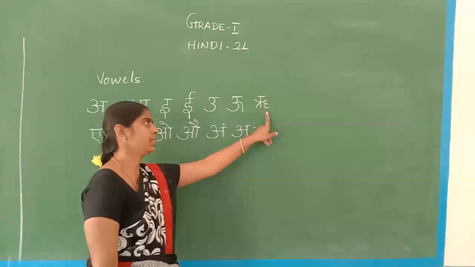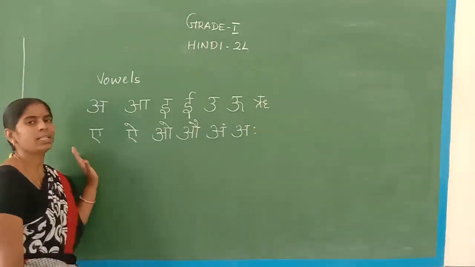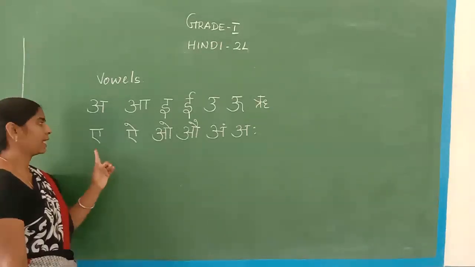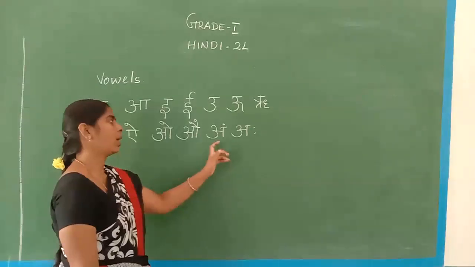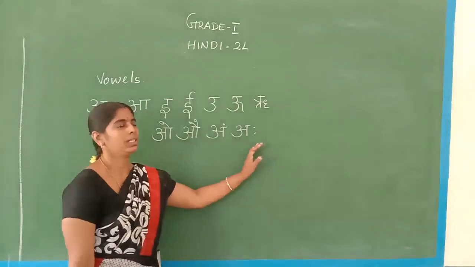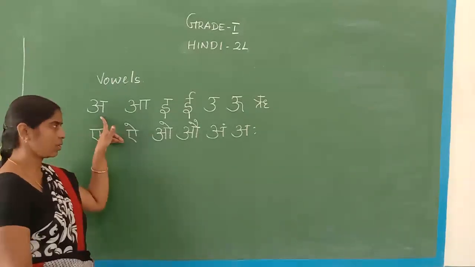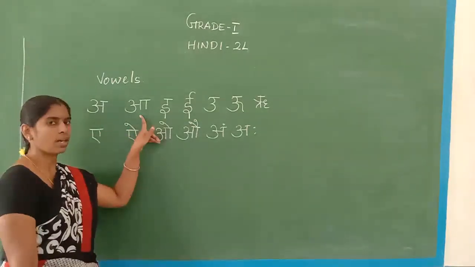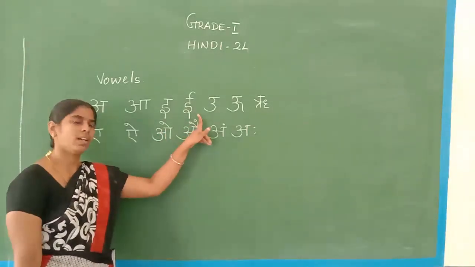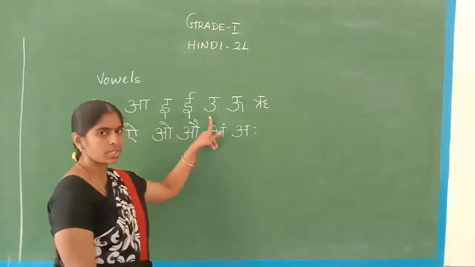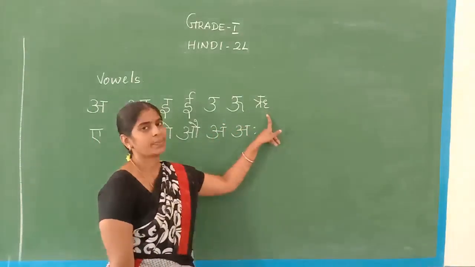After this letter, there is no short sound, only the long sound, like A, I, O, Au. See children, now here a short sound, A long sound, I short sound, E long sound, U short sound, U long sound, Re.